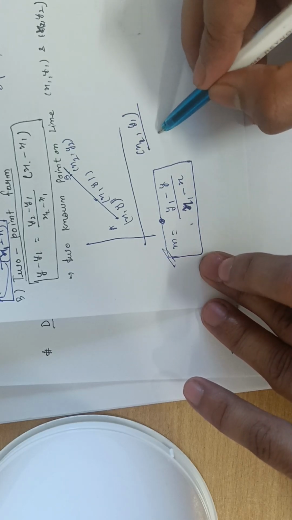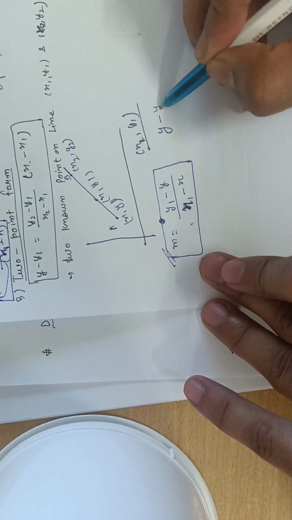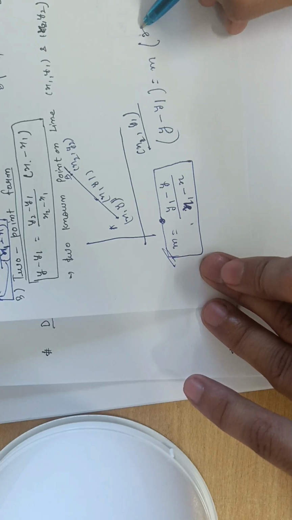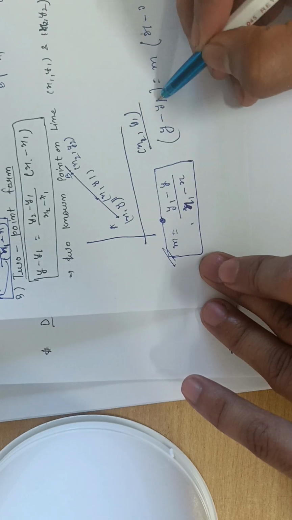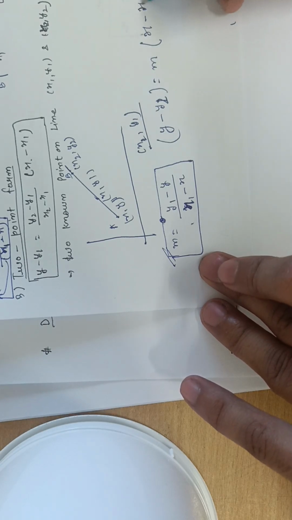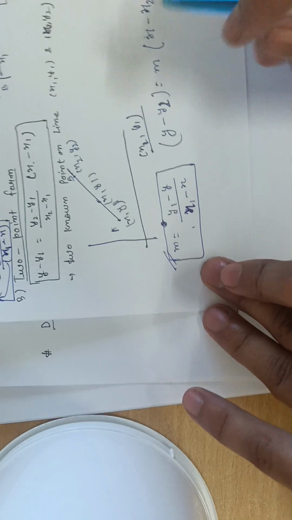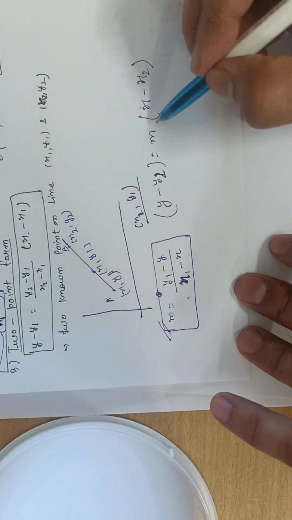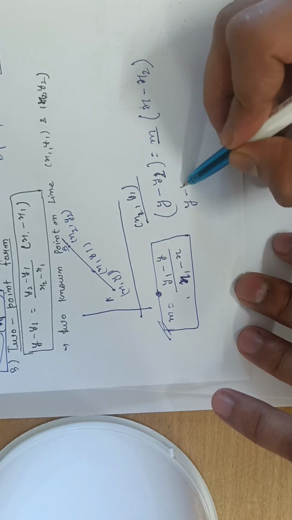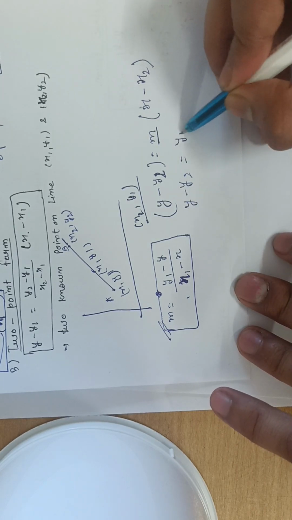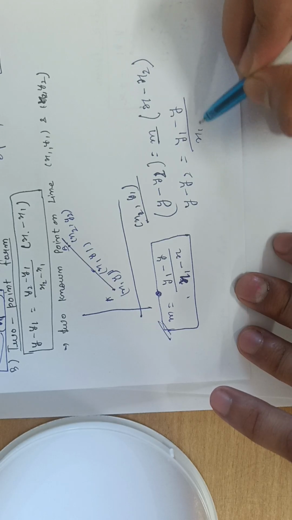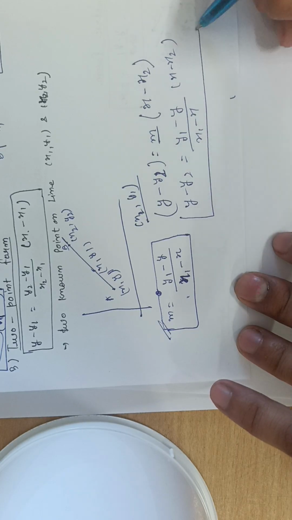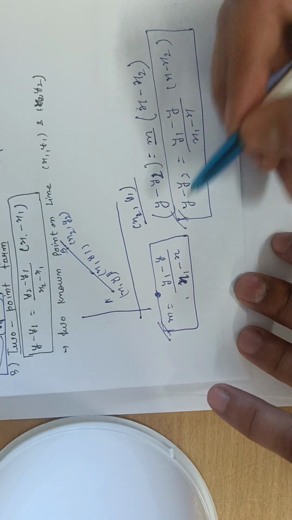We put m, and x minus x2, y minus y2, and apply the point slope form here, then put the value of the slope, and we will come to our result.